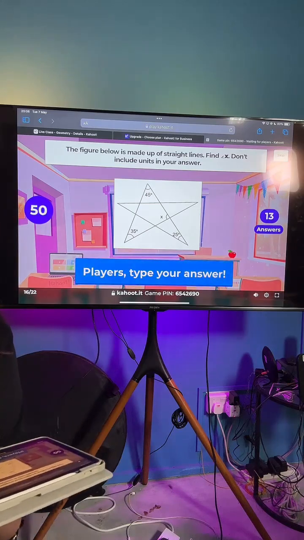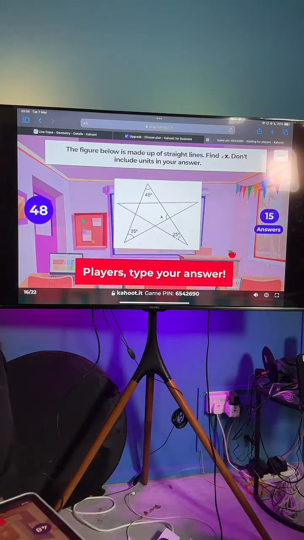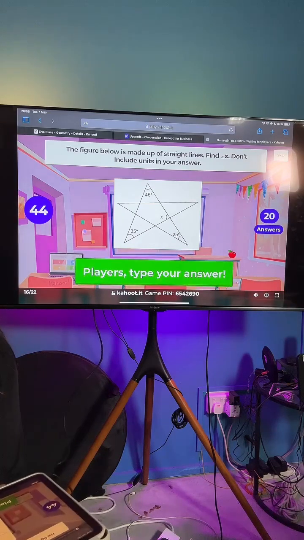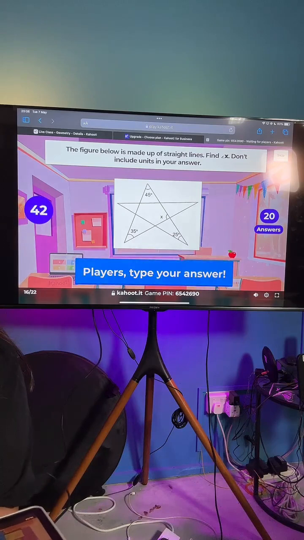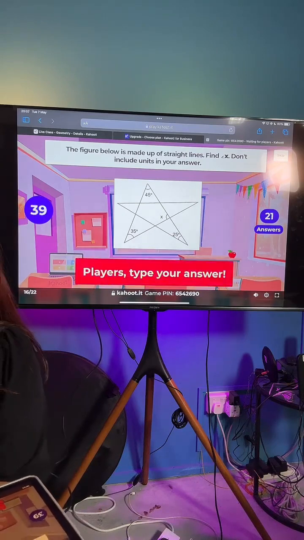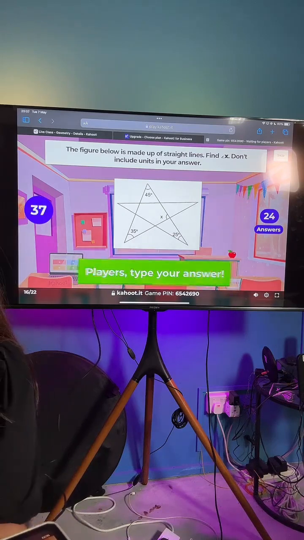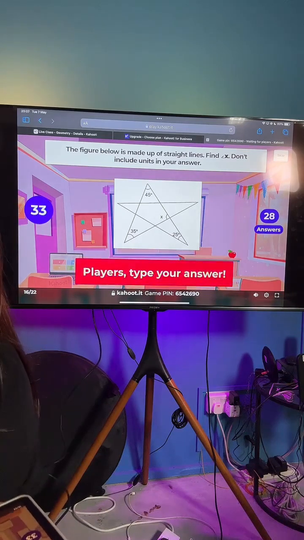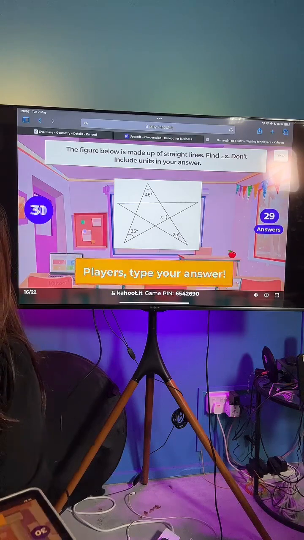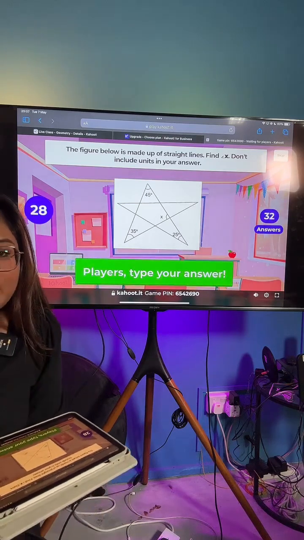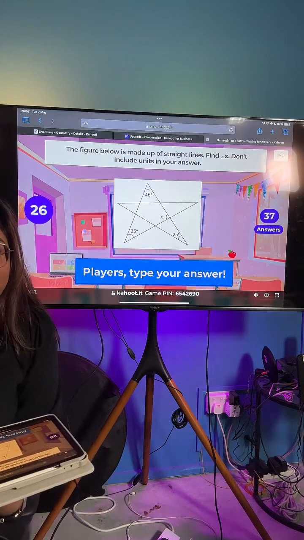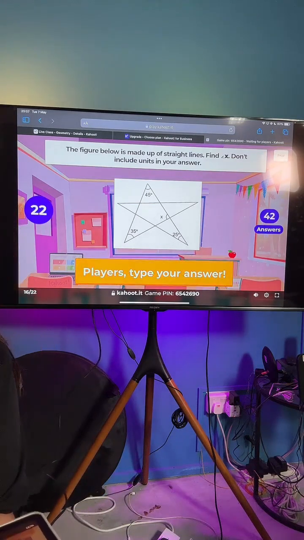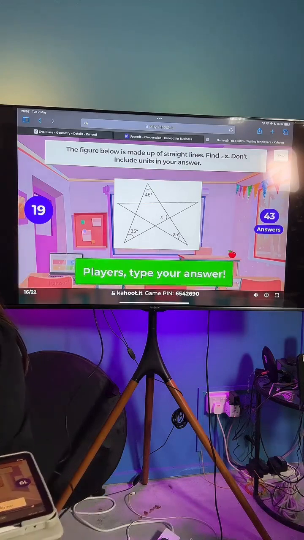Find angle X. I'll give you a hint: you don't need to use 25 degrees, that is for part B later on. Angle X is part of a triangle.